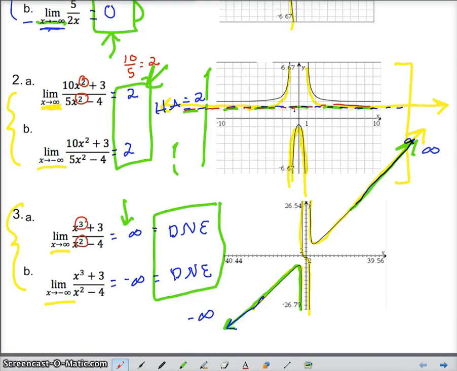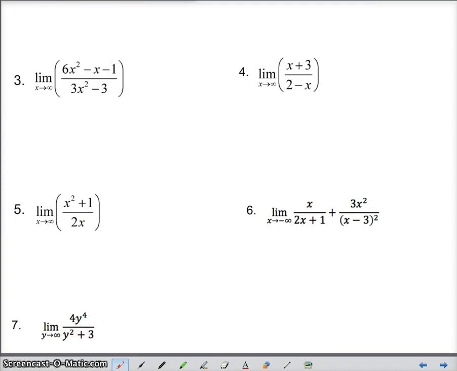Therefore, the function was top-heavy and there was no horizontal asymptote. Because that horizontal asymptote is missing, we have unbounded behavior and our limit does not exist. One more thing I want you to notice, because the asymptotes are horizontal, the limits as x approaches positive infinity and negative infinity will always be the same for each individual function.